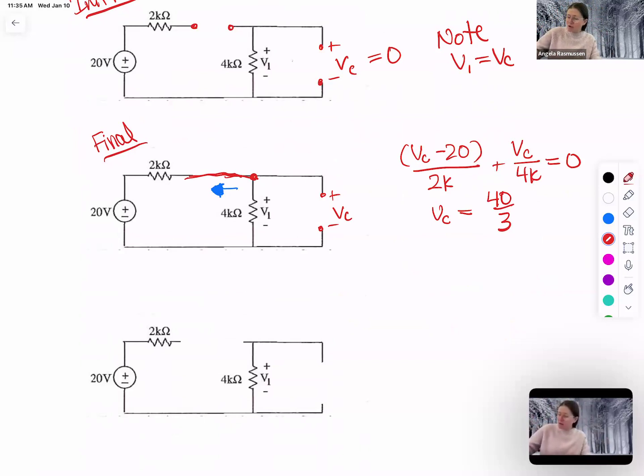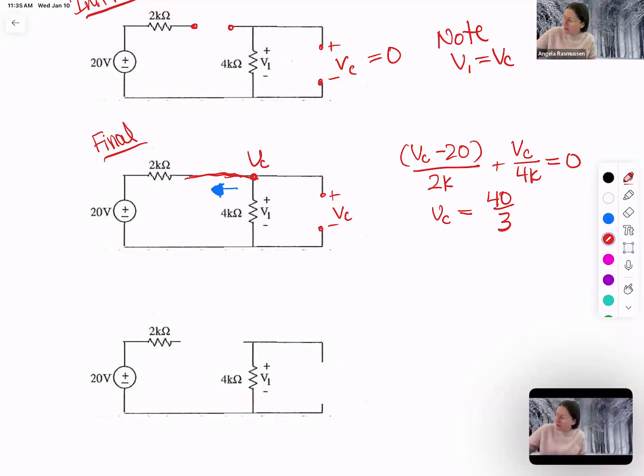For the final, you can note that that's a voltage divider. But I hate to tell students to do it that way because you're going to mess up sometimes with remembering that voltage divider equation. So I say always use node voltage instead, and that will get you to the right answer. So node voltage in this case, I called the top one VC.